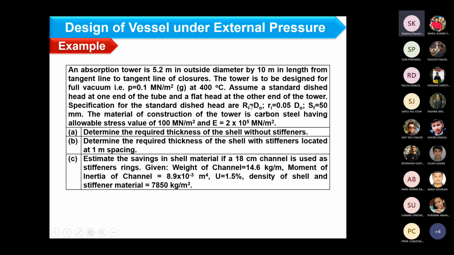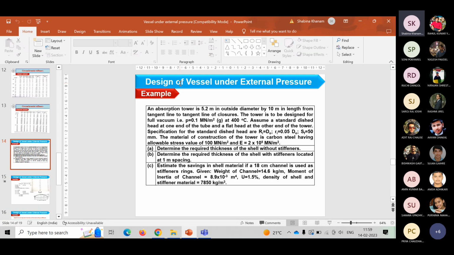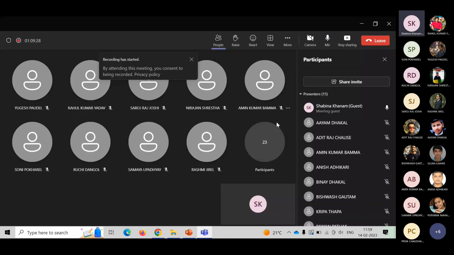It is like an absorption column, which is 5.2 meter in outside diameter. Just give me 1 minute. I hope I am having some time. Yes. Just in a few seconds, I will start.